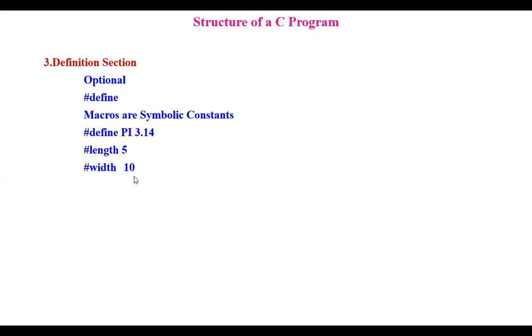They won't change. Once it is defined, the user cannot change its value in the program. Length means 5 only. Width means 10 only. We cannot get 15 or 20 or something like that. It is fixed in this particular program. Okay, so this is about the definition section.